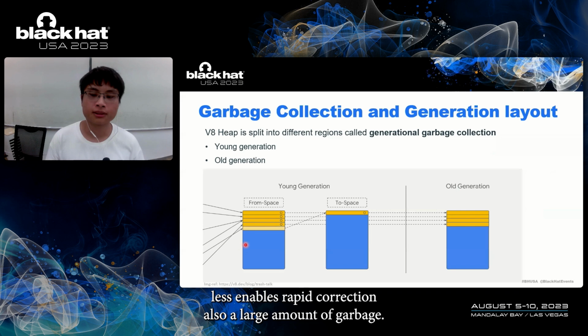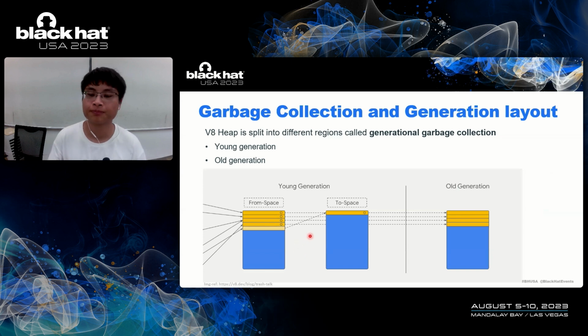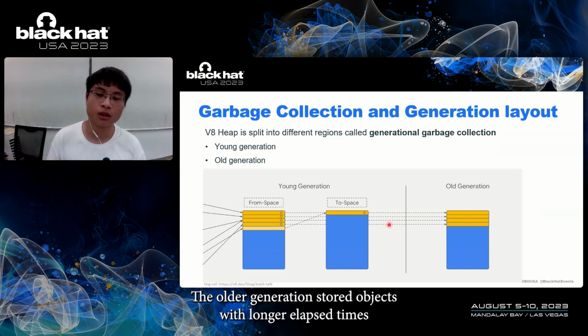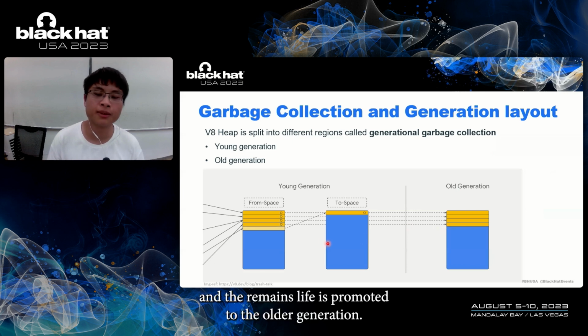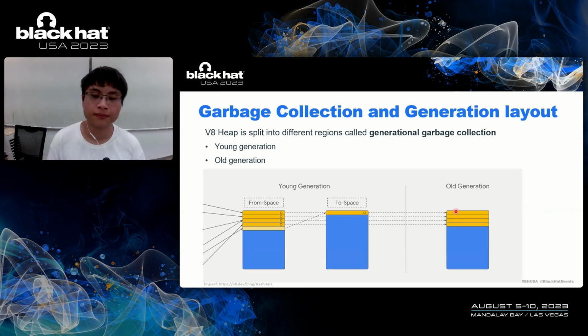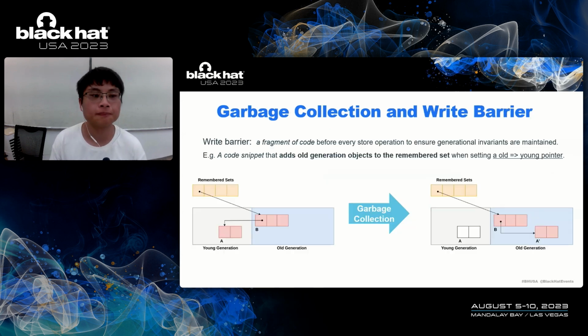This enables the rapid collection of a large amount of garbage objects. The older generation stores objects with longer lifetimes. When an object survives multiple young generation garbage collections and remains live, it is promoted to the older generation. These objects have longer lifespans and are less likely to become garbage.